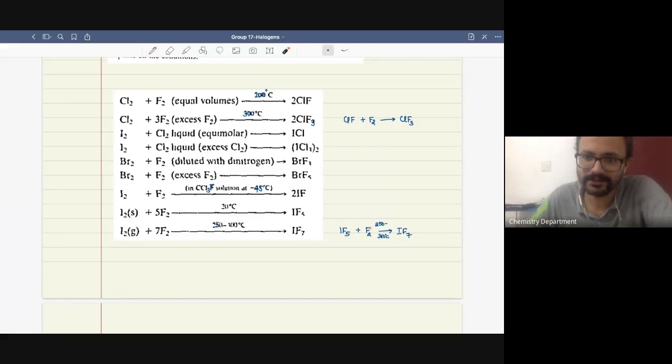It can also be formed by the reaction of a halogen with another interhalogen compound to get a higher interhalogen compound. So these are the usual methodologies used for preparing these interhalogen compounds.